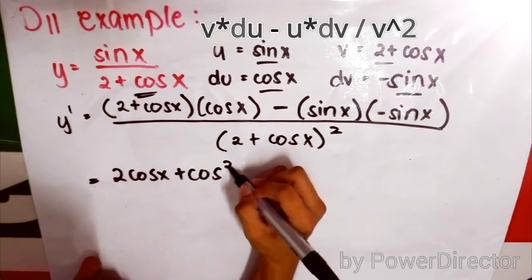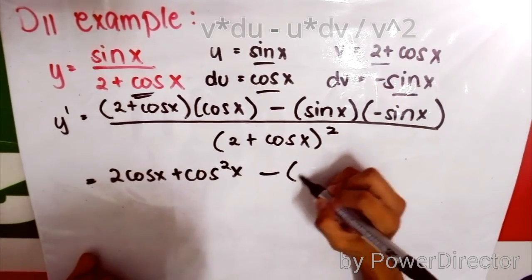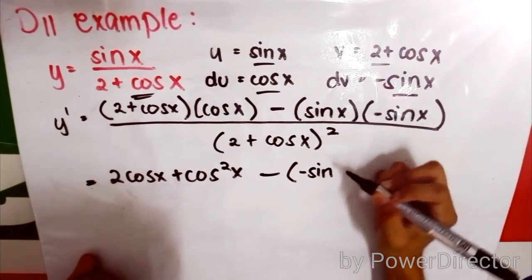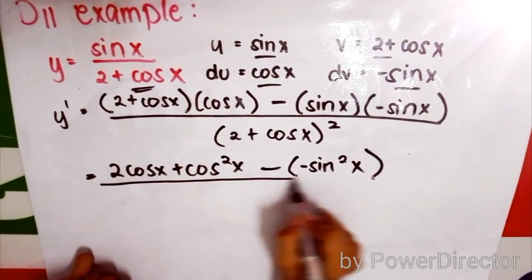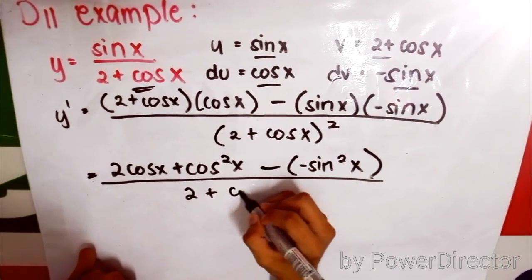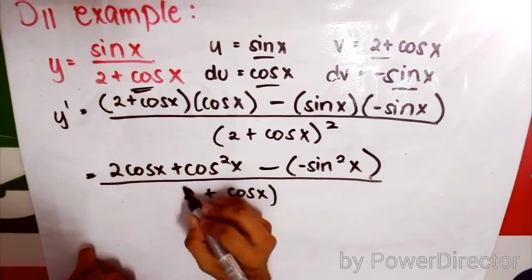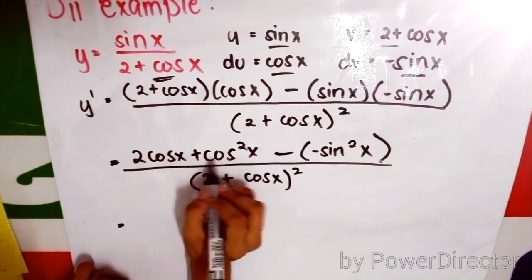Then we multiply 2 plus cosine x and cosine x, which will become 2 cosine x plus cosine squared x. The next one is sine x and negative sine x, which is equal to negative sine squared x, over 2 plus cosine x squared.